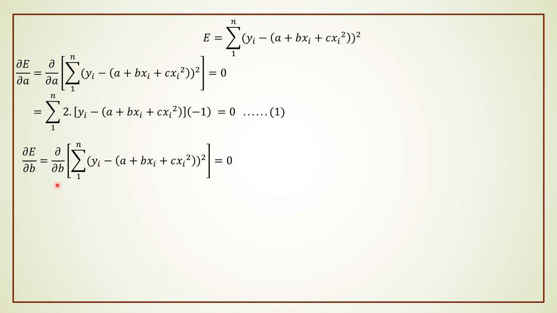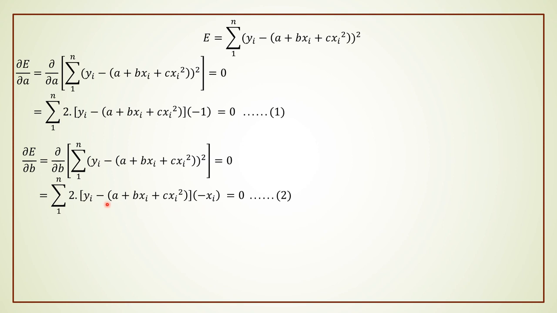Then the partial derivative of E with respect to b is given by summation of 2 into (yi − (a + bxi + cxi²)) into the partial derivative of the terms inside the bracket, which is nothing but −bxi.